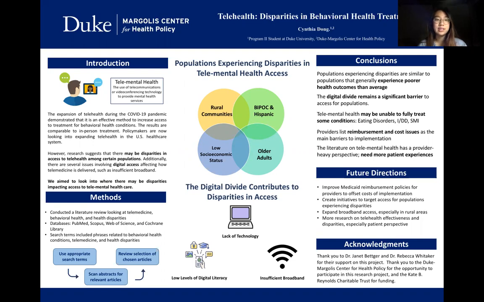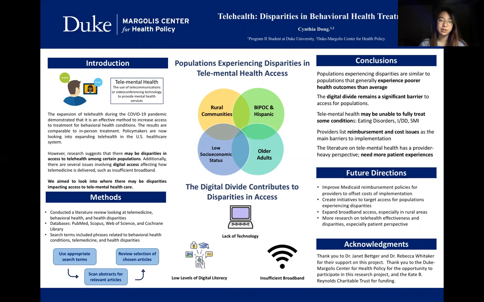Additionally, there are several issues involving digital access affecting how telemedicine is delivered, such as insufficient broadband. We aim to look into where there may be disparities impacting access to telemental health care in this literature review that we did for this project. During the literature review, we looked for search terms that were related to telemedicine, behavioral health, and health disparities, and we used a combination of these to get the articles that we were looking for.